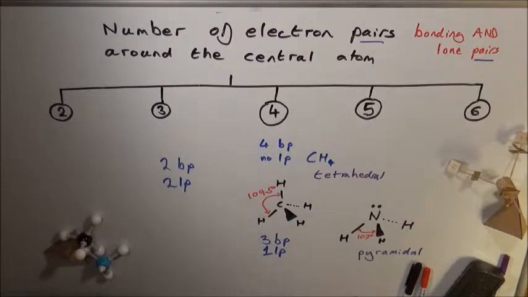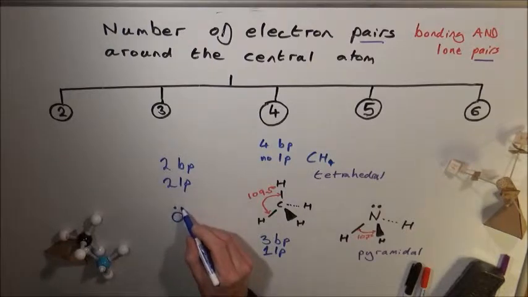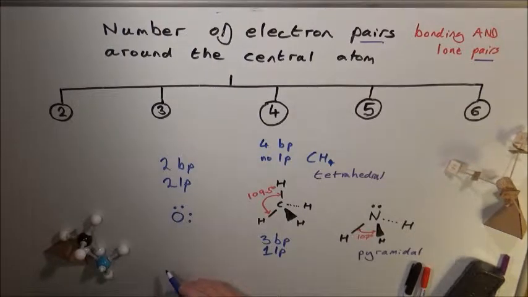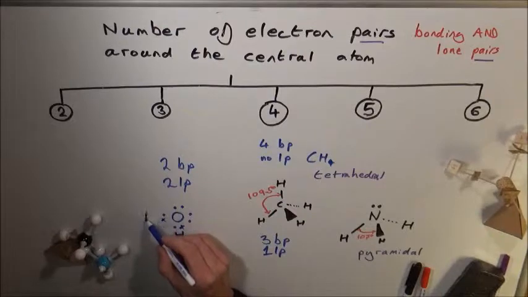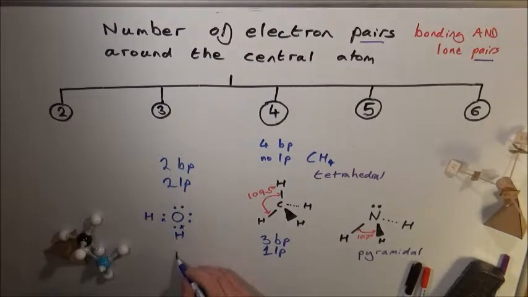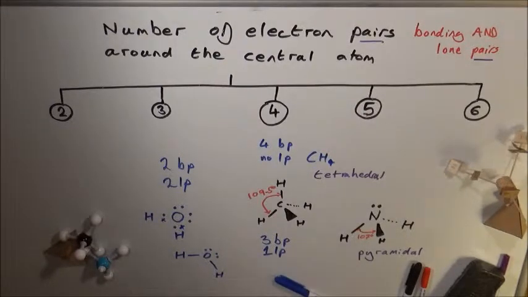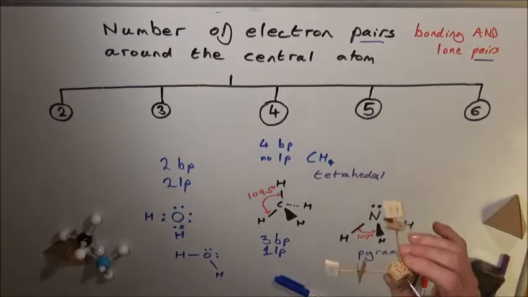And the example of this one is the water molecule. So water, the oxygen in there has got 6 electrons in its outer shell, and there they are, and you have 2 hydrogens, so 2 covalent bonds. So I can also represent it like this. So we've got 2 bonding pairs and 2 lone pairs, and we can think of the geometry of this one.